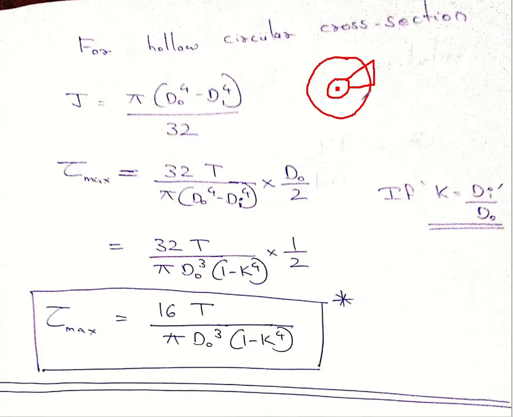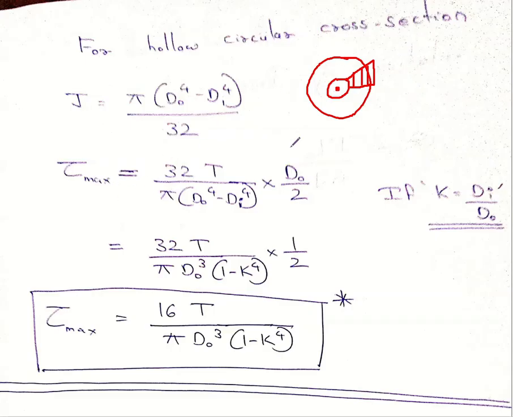It will be 0 at the center, but at the center there is no material. The material starts only at the inner diameter, and we continue from there. There will be no position of 0 stress here. That part of the triangle will be missing. The other things remain the same.